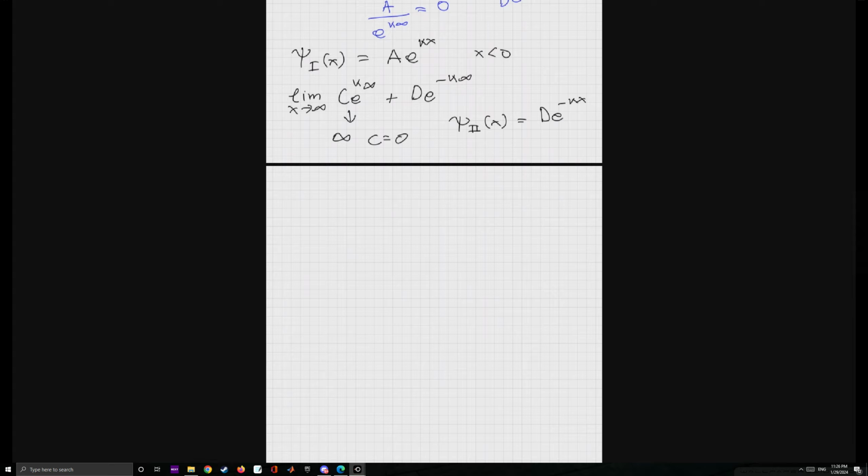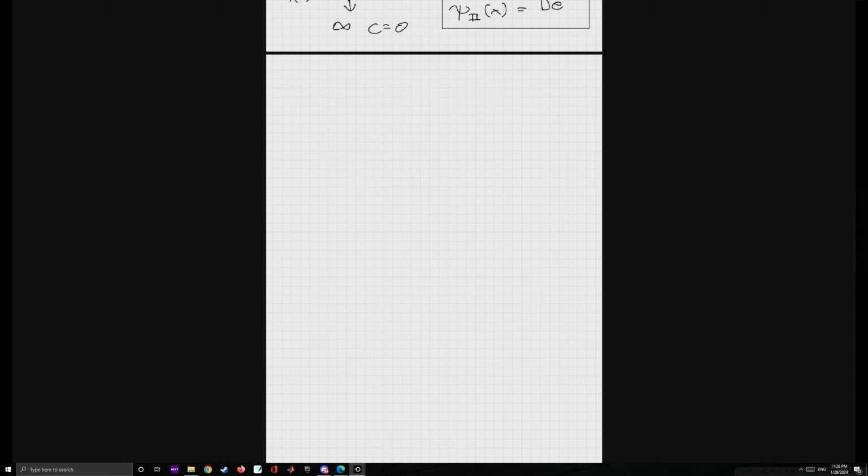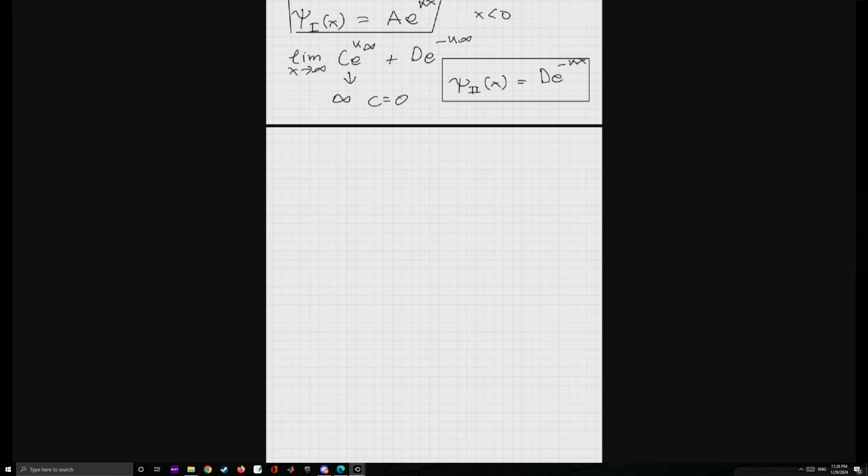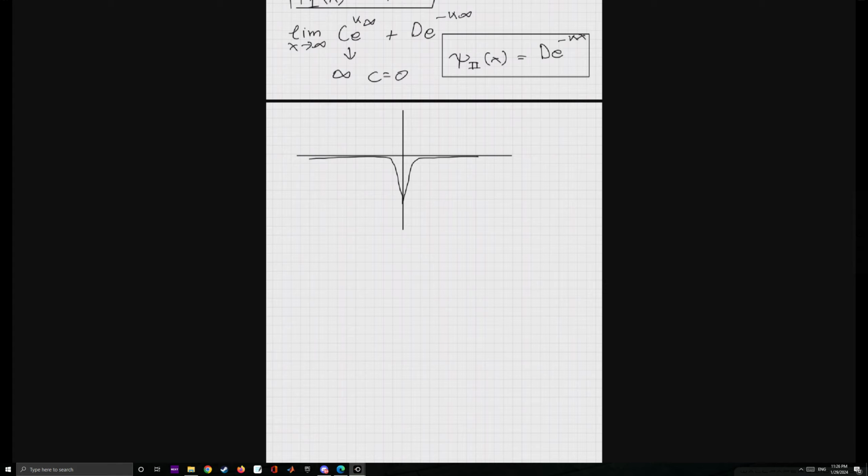So we have two different solutions. I can box them right here. I have two different solutions that look like this. Another thing that we must take into account is that at the potential, where the potential spike happens with the boundary, at x equals 0, these wave functions that are defined here can do some wild things.